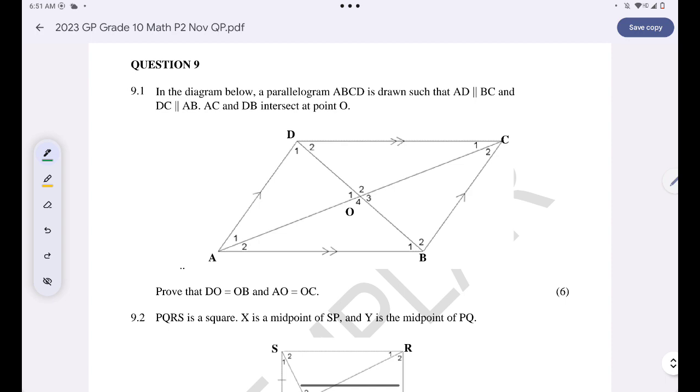Okay, I am given a parallelogram. Since this thing is a parallelogram, I am safe to conclude that this side is equal to this one. Are you together? And also this side is equal to this one. Why?